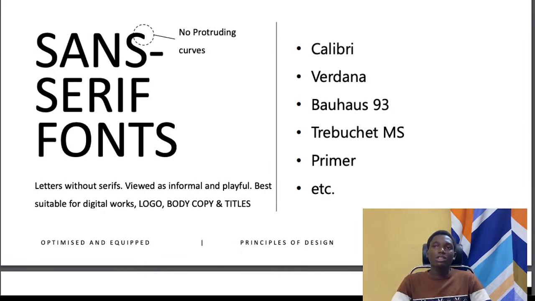The other classification of fonts deals with the sans serif font. This sans serif font does not have protruding curves, and the end points of these fonts are always rounded.